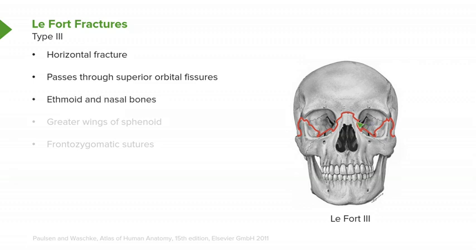Involves the ethmoid and nasal bones. Hard to see the ethmoid involvement in this view, but you can see involvement of the nasal bones. Would involve the greater wings of the sphenoid bone. And then lastly, which we can appreciate, it would involve the frontozygomatic suture. So that suture lies right in through here on this side and right in through the opposite side.